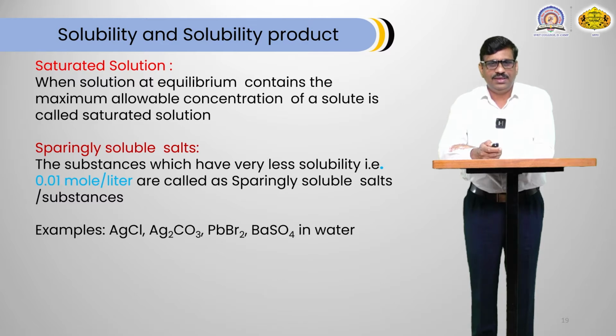In other words, they are practically insoluble or very slightly soluble in that solvent. For example, AgCl, Ag2CO3, PbBr2, BaSO4 are all sparingly soluble salts. Hence, their solubility in water is less than 0.01 mole per liter.